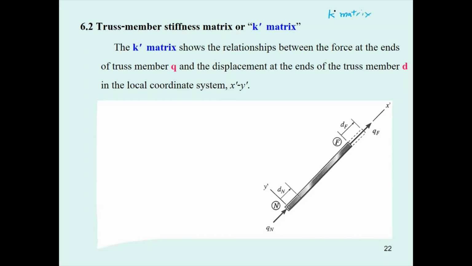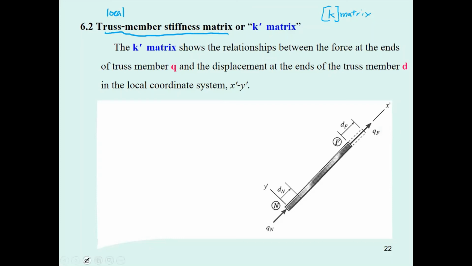Before we can find the member global stiffness matrix, we will start with the local truss-member stiffness matrix k prime first.